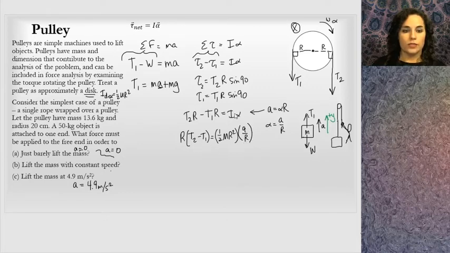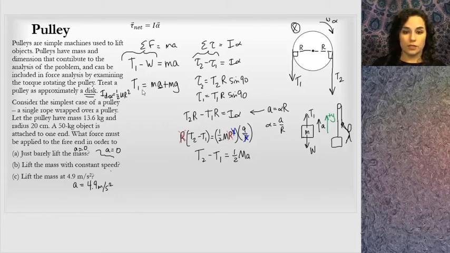Okay, so I did some substitutions and some simplifications in order to get to this equation. What we're going to note is that a factor of r cancels with a factor of r here, and another factor of r, there's a factor of r over on this side and a factor of r on this side, and it cancels. And what we are left with is a relationship between T2, T1, and the acceleration.